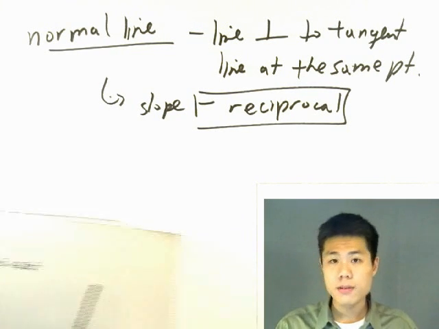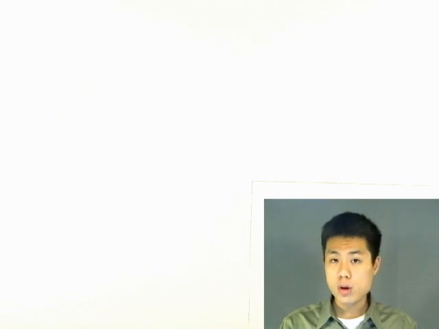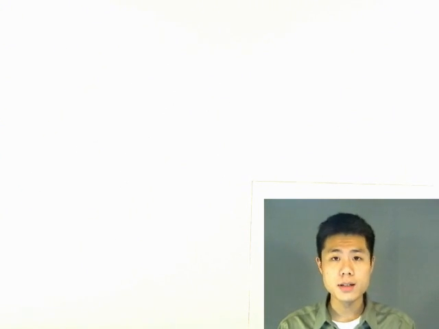Okay, and then I have one last thing. We saw how we could find either the slope of the normal line or of the tangent line given the equation. Now we can also ask the reverse.